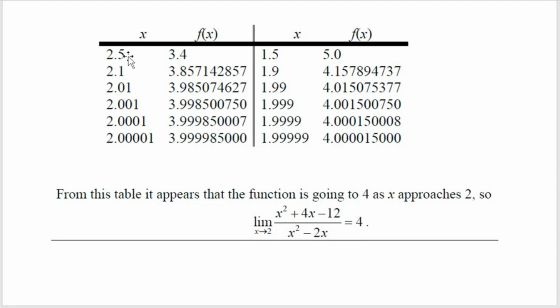Now substitute x: 2.5 squared plus 4 times 2.5 minus 12 all over 2.5 squared minus 2 times 2.5. So the value of our f of x will be equal to 3.4.